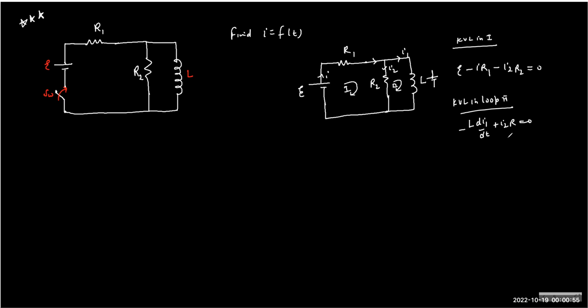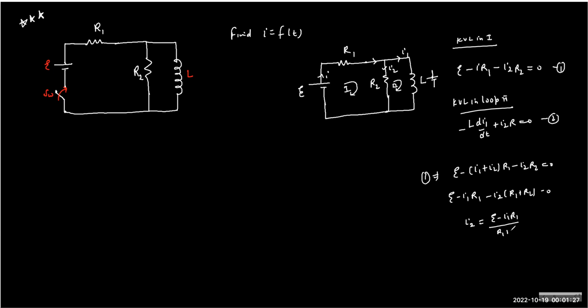So what we know is E minus I R1, the current I is I1 plus I2. So we got I2, right? This is the whole idea.